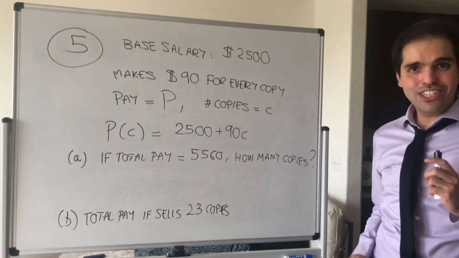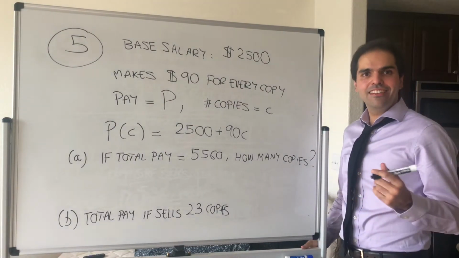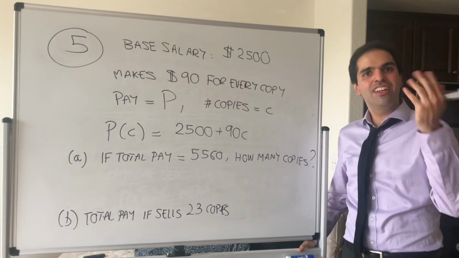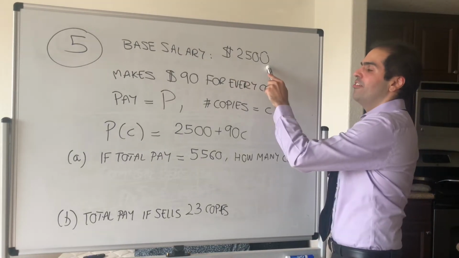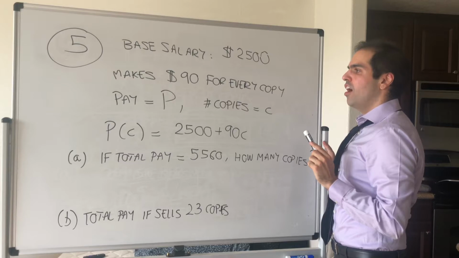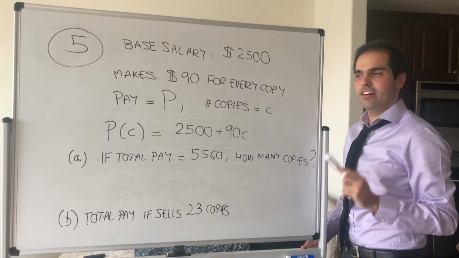All right, question 5, another word problem. So in this case, Shen is another salesperson who sells Math for Fun books. And assume his base salary is $2,500 and he makes $90 for every copy he sells.